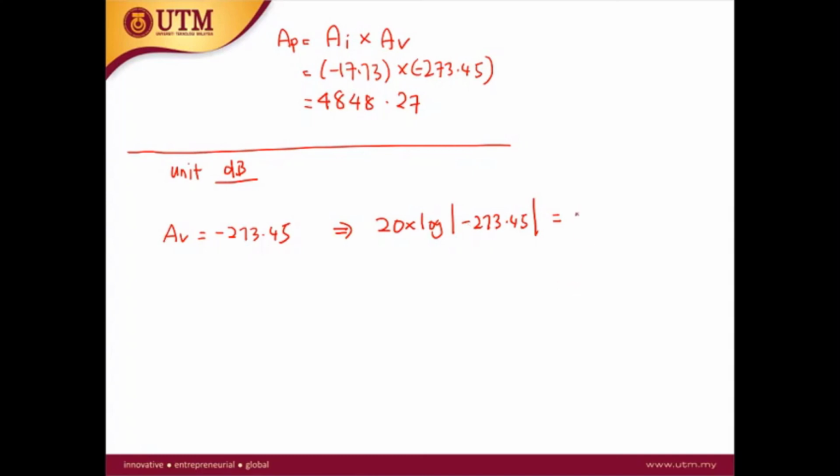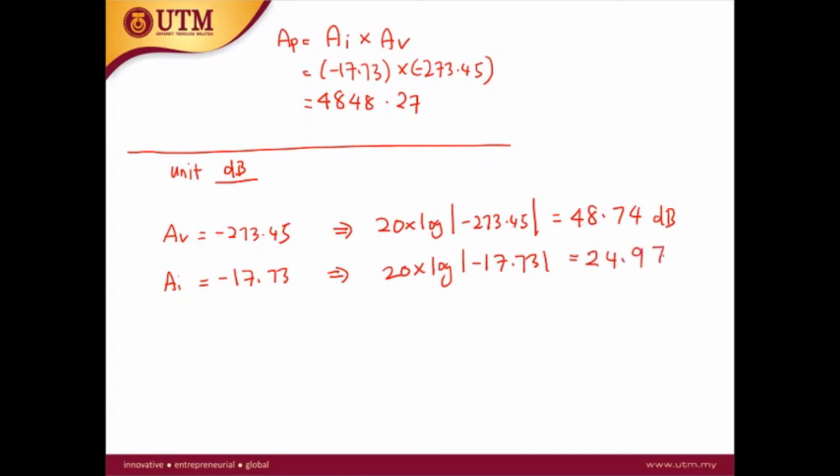So this is 48.74 decibel. For the AI, the value is minus 17.73. In decibel, we use the same equation, 20 times log of the modulus of minus 17.73. So this is equal to 24.97 dB.